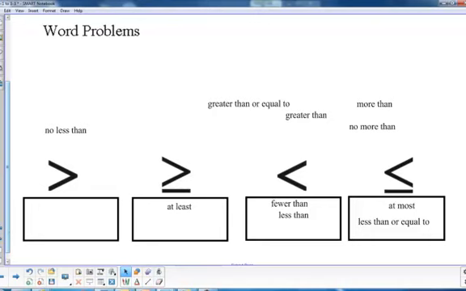No less than: if I have no less than $10, that means I could have $10 and I could have more than $10, greater than or equal to. Hold on, I put this one in the wrong place. No less than 10, I could have 10 and I could have more.